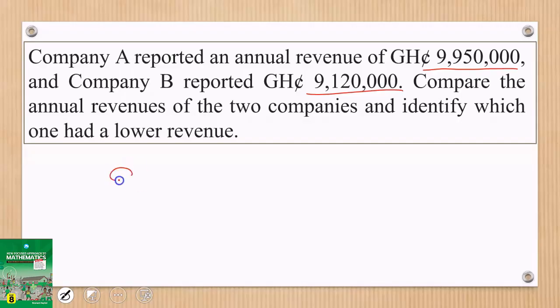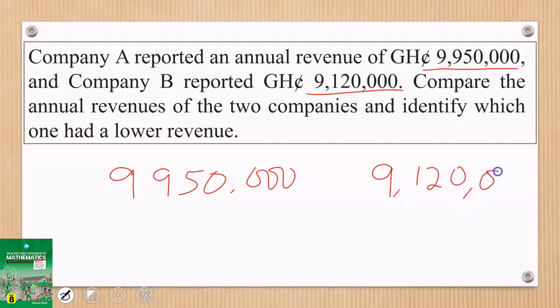So if I have 9,950,000 against 9,120,000, listen to it. They are all 9 million, 9 million. But this one is 950,000. This is 120,000. Obviously, this is bigger.